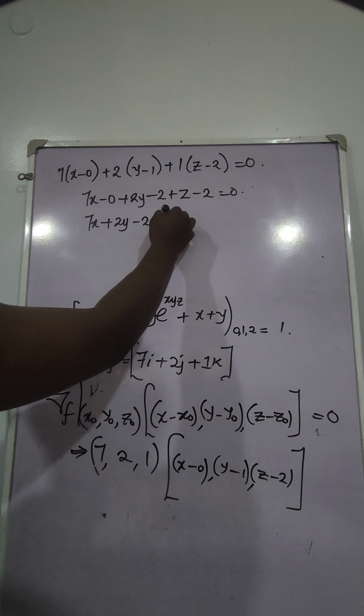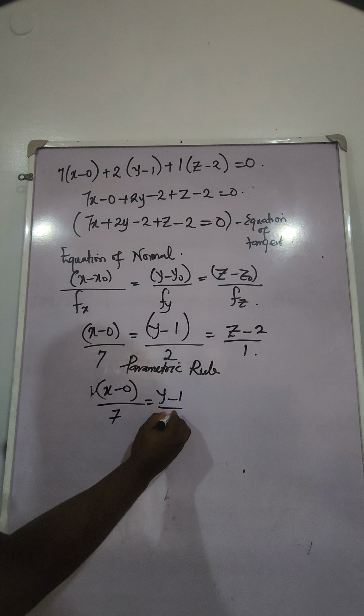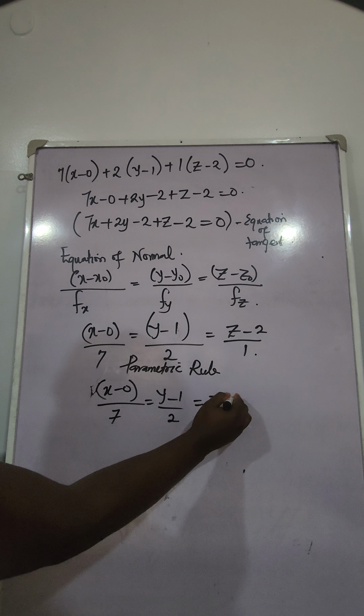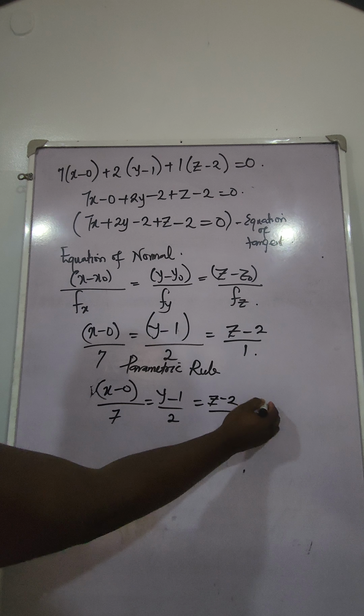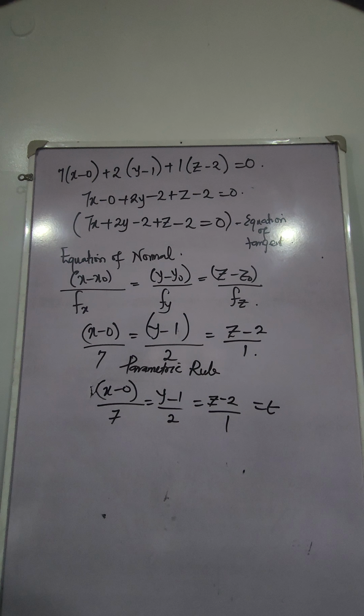We can simply say that, let's say that x minus 0, parametric rule, something called the parametric rule: x minus x naught over 7 equals y minus 1 over 2, z minus 2 over 1 is equal to t. Okay, so we said the parametric rule.